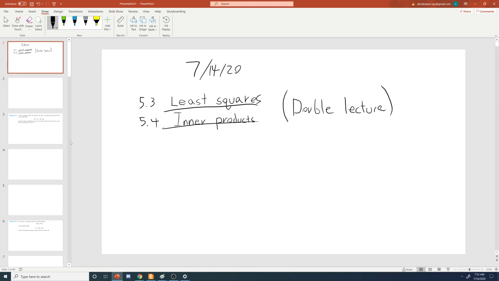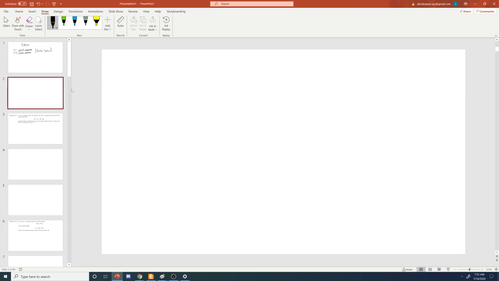I'm going to start with the least squares problem, which is among the most famous in mathematics. So here it is.